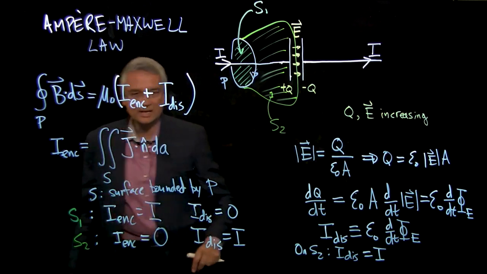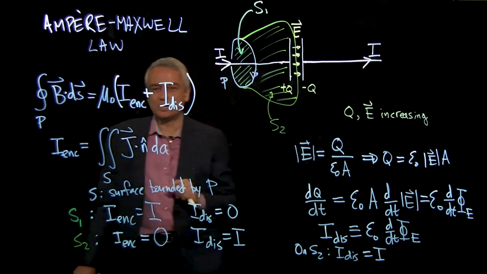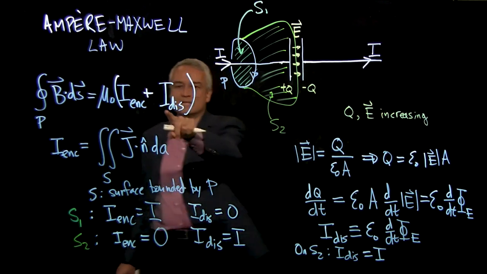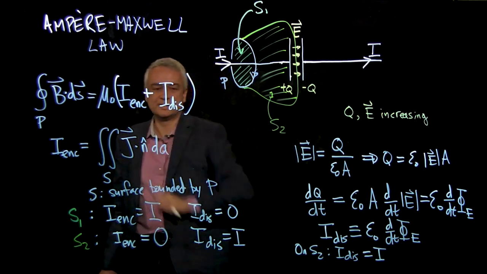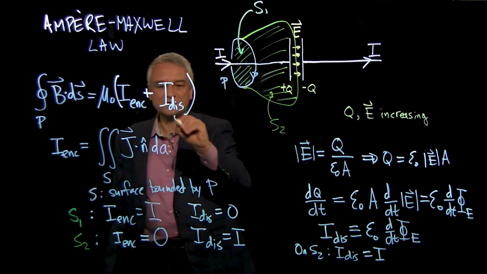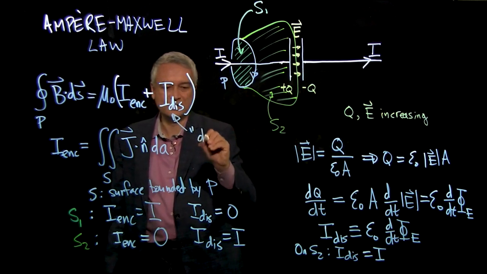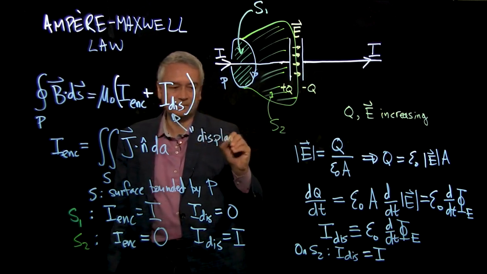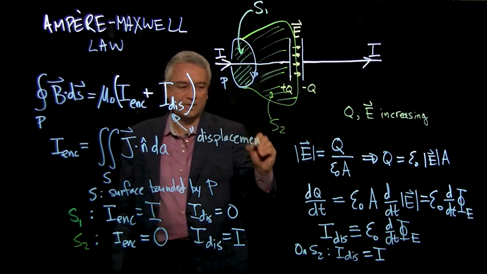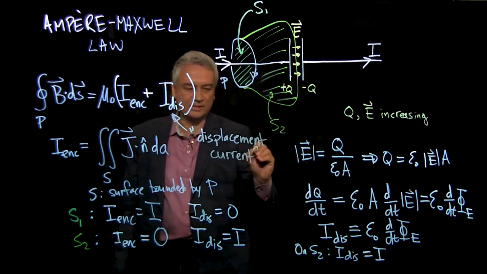We're going to discuss this much further in the next video segment, but I want to apologize for one thing here. Why am I calling this I_dis? This quantity is called by everybody the displacement current. And I wrote I_dis because dis are the first 3 letters in the word displacement.